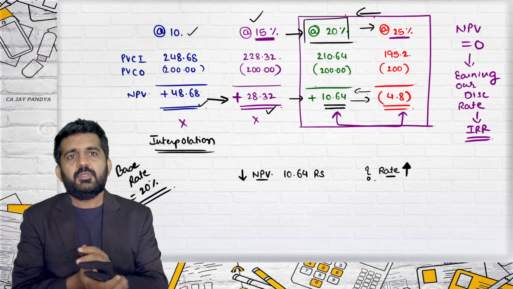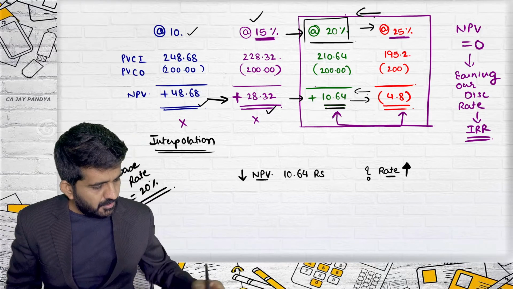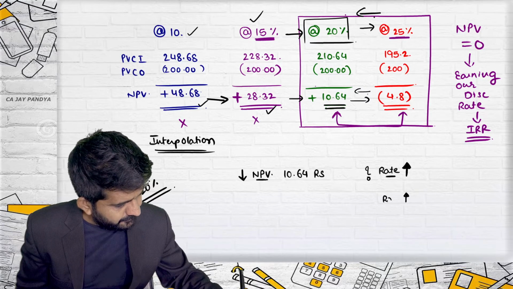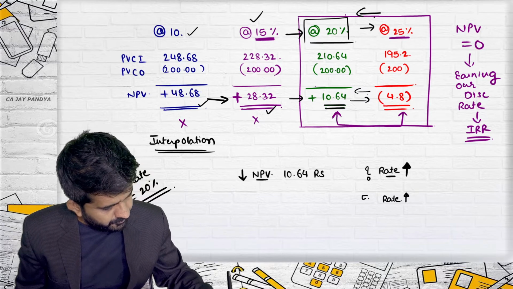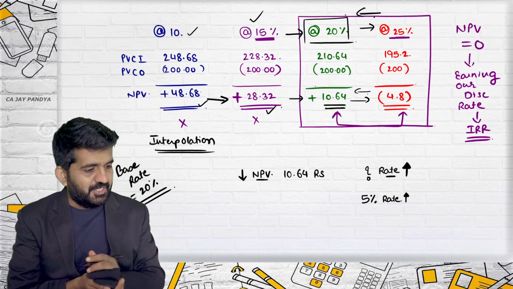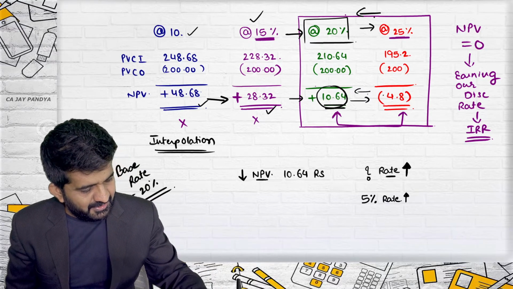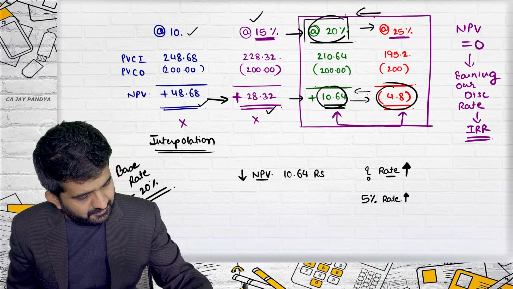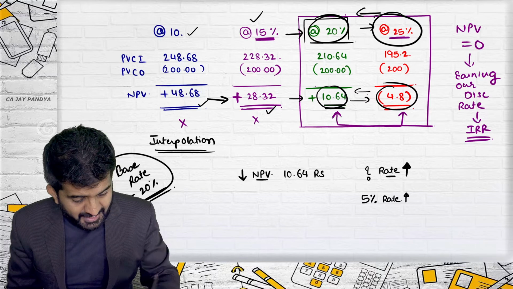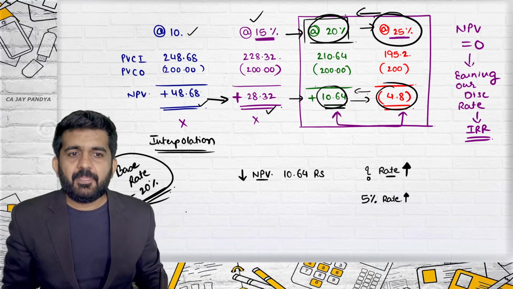Starting. Now, if I am increasing the rate by 5%, see over here, I am increasing the rate by 5% from 20%, which is our base rate.